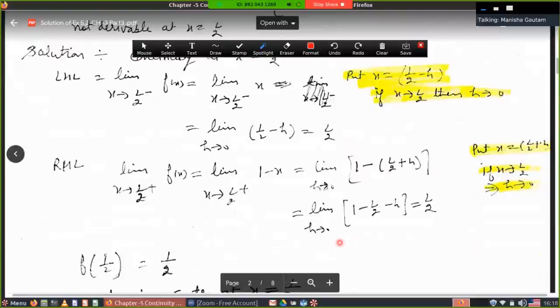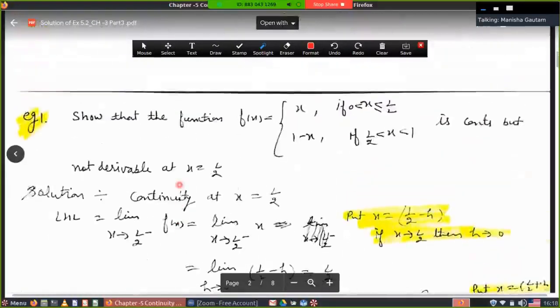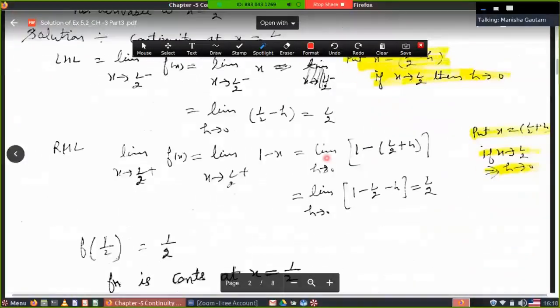If you are checking the right-hand limit, then you have to take limit x tending towards half of positive f(x). The function is given less than half and greater than half. This is less than half, this is greater than half. That is 1 minus x. It means for the right-hand limit, you have to take 1 minus x. Now for the right-hand limit, you have to put x equal to half plus h, x tending towards half, then h tending towards 0.